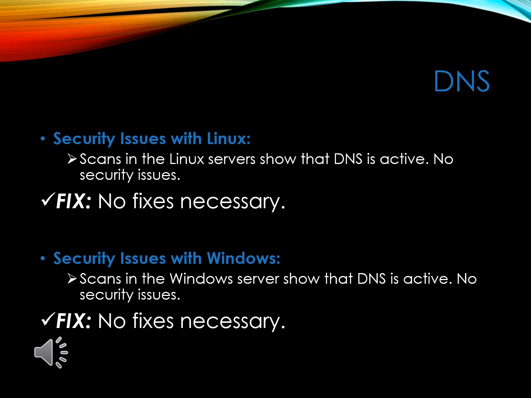Scans in the Windows and Linux servers show that DNS is active. Scans show that IIS port 53 and BIND have no security issues. Greenbone says there are no security issues and so no fixes are necessary.